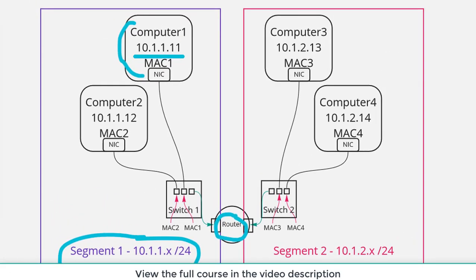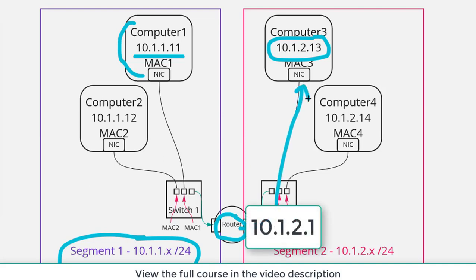And so when the router receives a packet that is destined for 10.1.2.13, it can make a routing decision. It can say, if I need to get to 10.1.2.13, I need to forward it out the interface that is connected to that network segment.